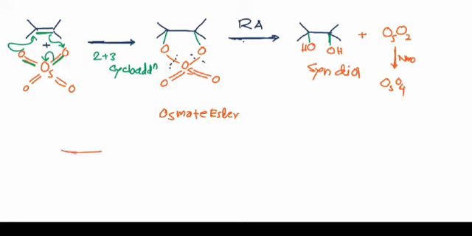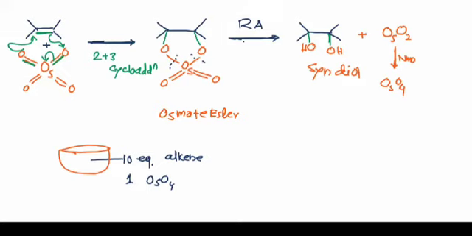Suppose this is the reaction mixture, and I have 10 equivalents of the alkene and only one equivalent of OsO4. How is this reaction going to take place? By reaction with OsO4, you get one equivalent of diol. Your byproduct is OsO2.